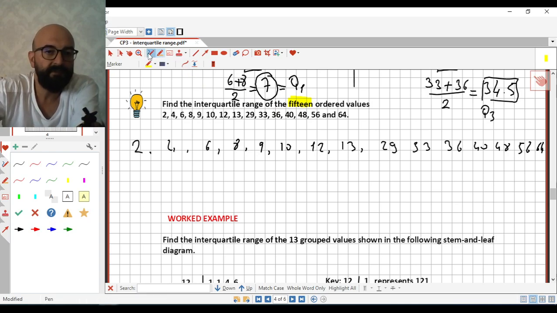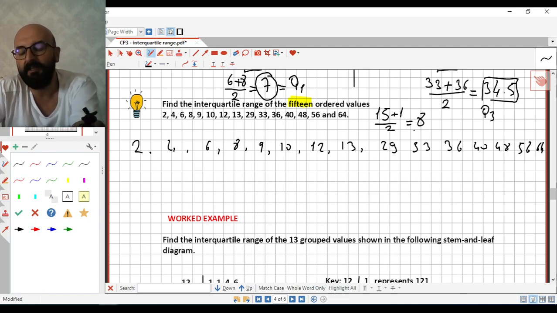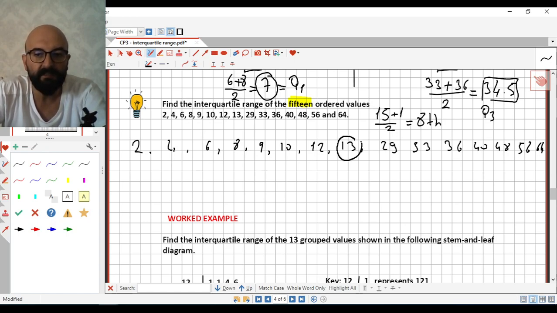So for 15 values, the middle is 15 plus 1 divided by 2, the eighth value. The median is 13, and the median separates our data into two parts.